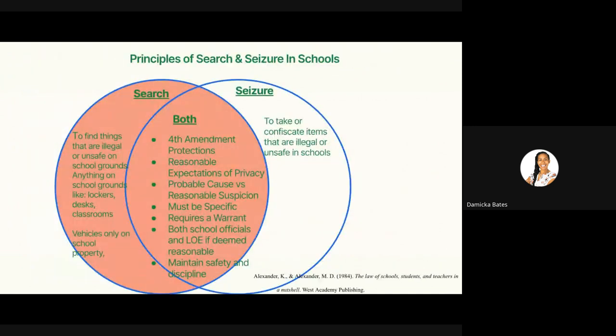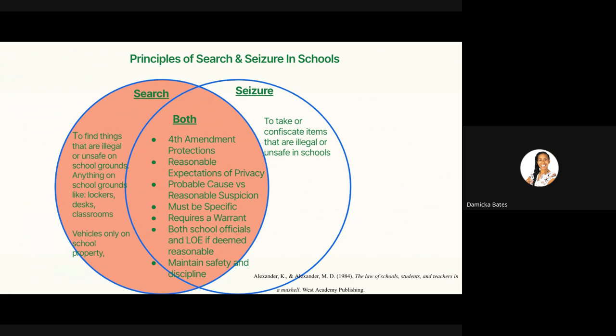There are some principles of search and seizure in schools that should be considered. So, when you're thinking about search, search is when you find things that are illegal or unsafe on school grounds. So, anything on school grounds like lockers, desks, classrooms can be things that are searched. And seizure is the concept of taking or confiscating items that are illegal or unsafe in schools.